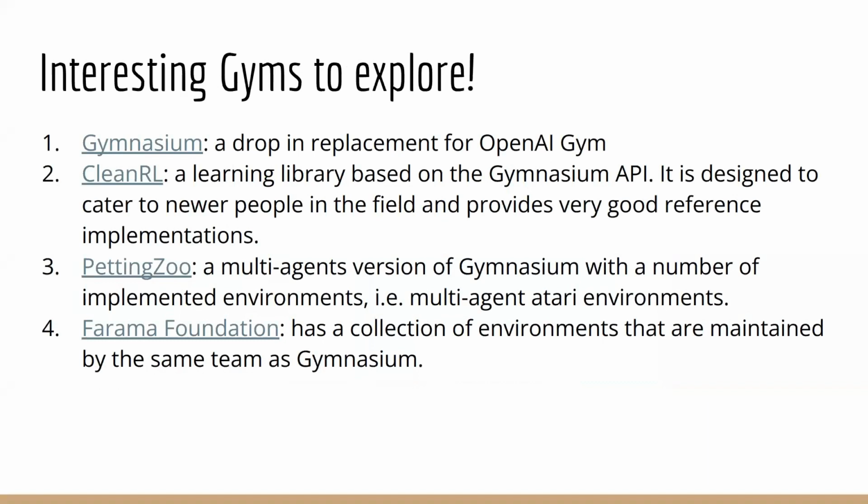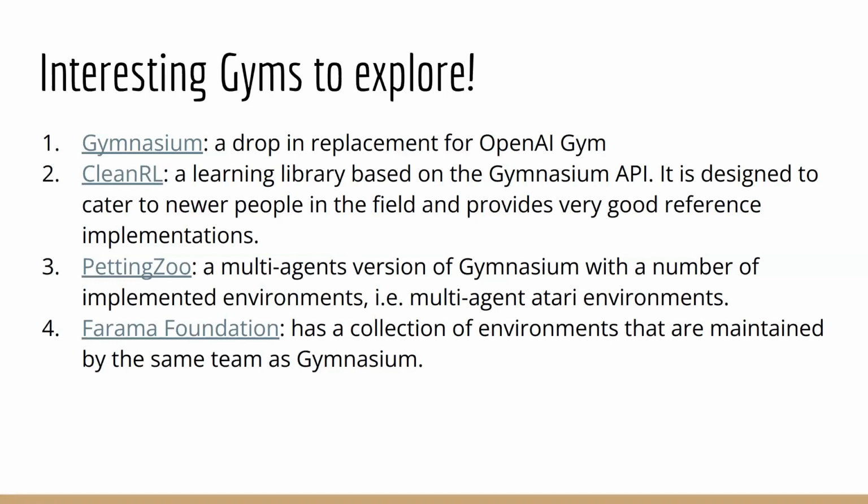So here are some interesting open source libraries that you guys can explore. Gymnasium is a newer version of the famous OpenAI Gym, and CleanRL is an environment for people to experiment, and they also have very good baseline references. And PettingZoo is a multi-agent version for reinforcement learning environments.